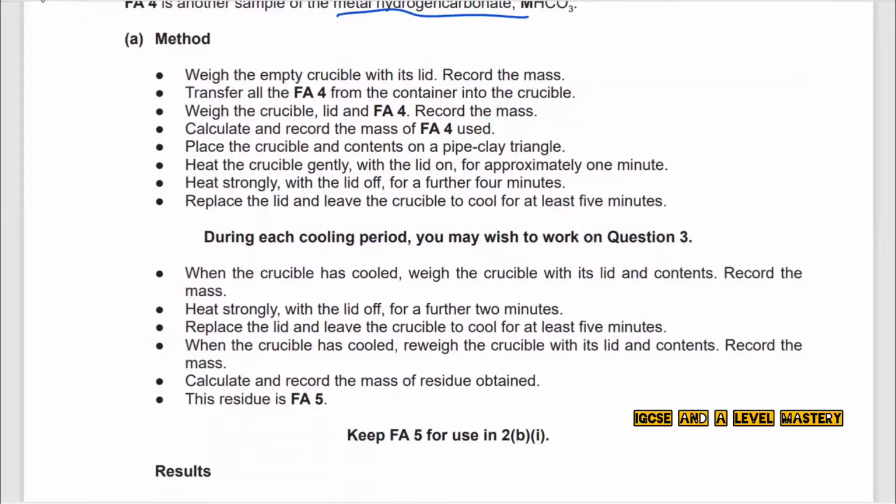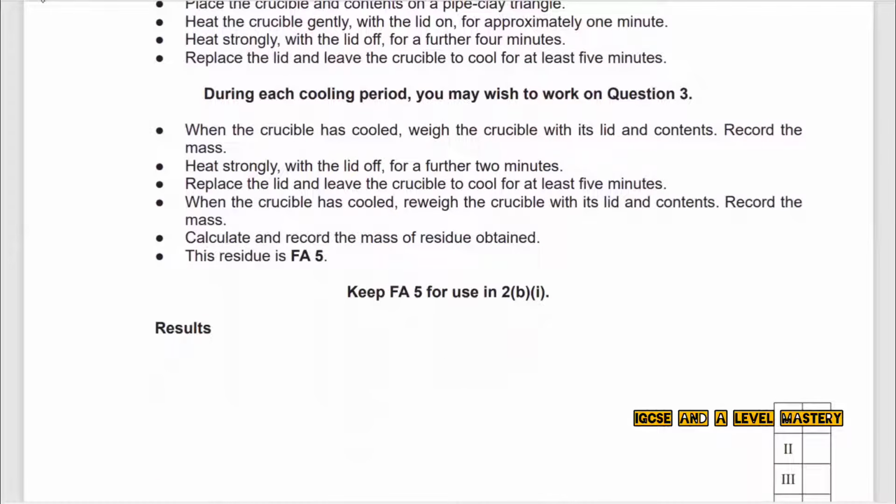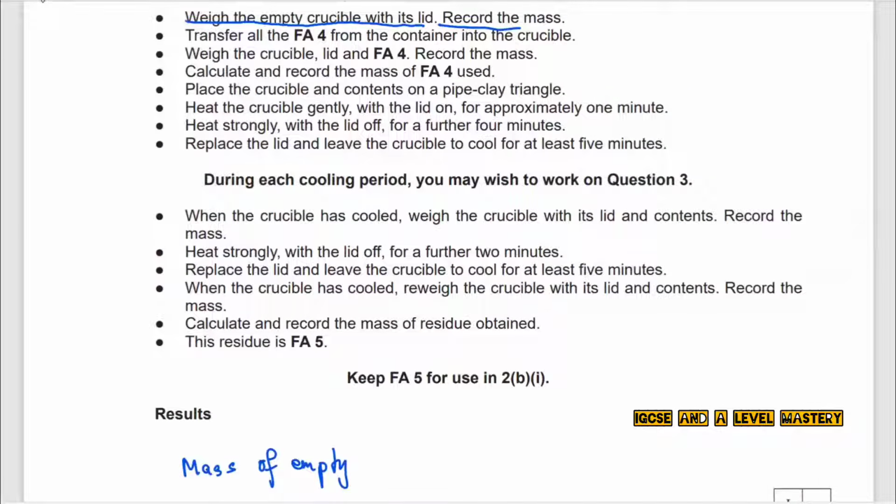So over here, the method says, first, weigh the empty crucible with its lid, record the mass. So first itself, you have to record the mass of the empty crucible with its lid. So let's do that. Mass of empty crucible, you can directly write whatever is given in the question: empty crucible plus lid.